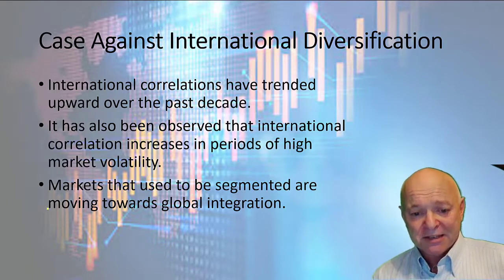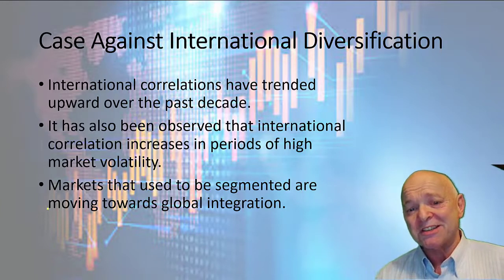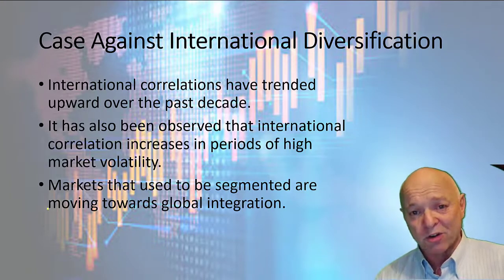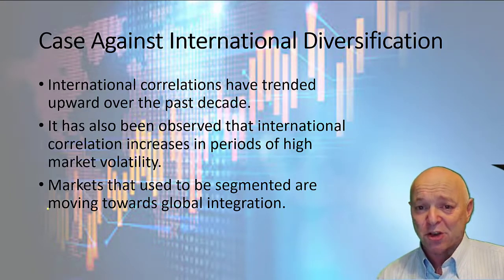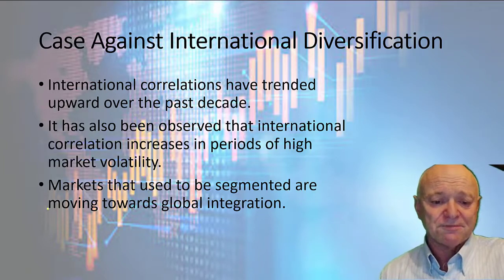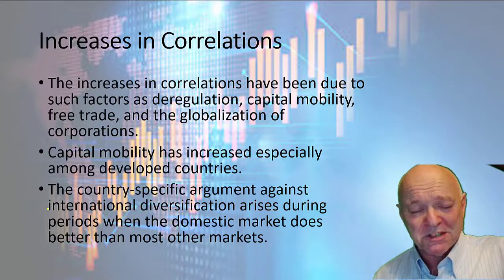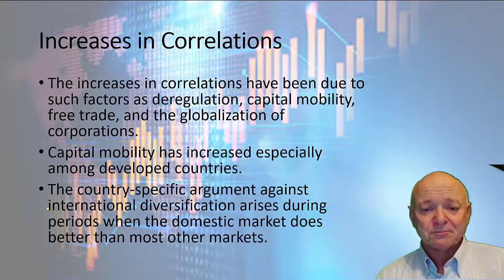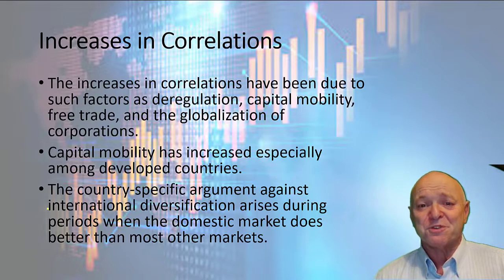So that has resulted in a decreased benefit from diversification because of increased correlation between markets. So as those correlation coefficients get larger, we have less benefit from international diversification. More globalization, less segmentation, less correlation. So not universally true. We still see there are benefits from diversification.